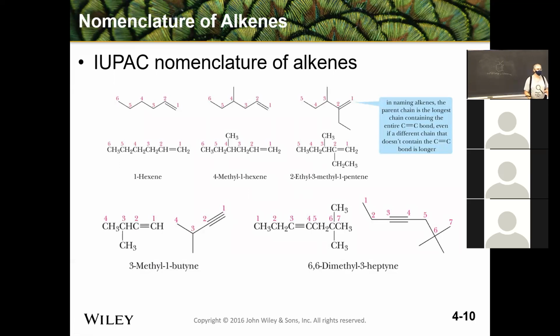If we have a double bond, the parent is the longest chain that contains both carbons of the double bond. Well, the longest chain is actually 1, 2, 3, 4, 5, 6. The longest chain that has both carbons of the double bond is actually 5. So the correct name is 2-ethyl, 3-methyl, 1-pentene.